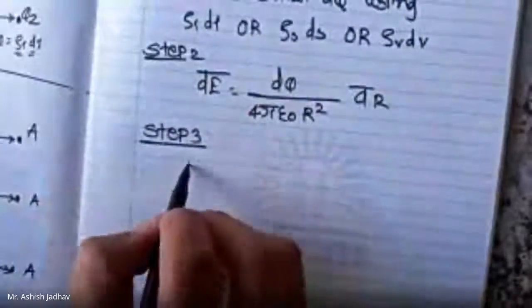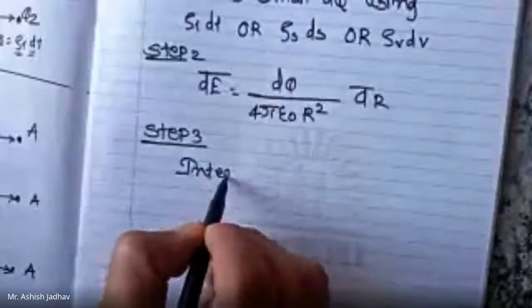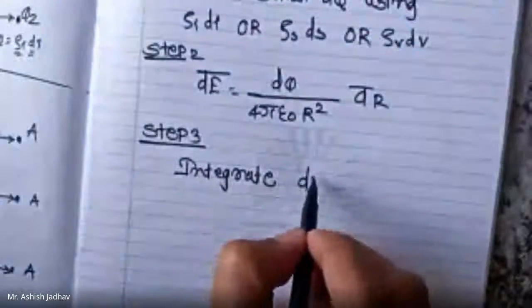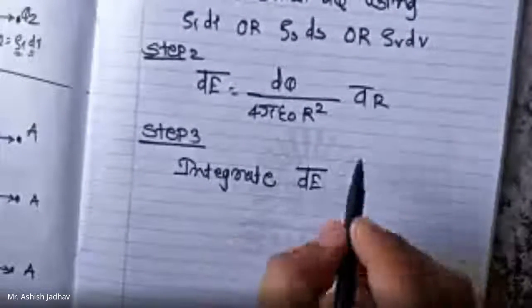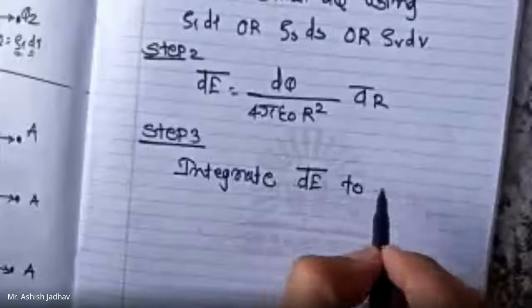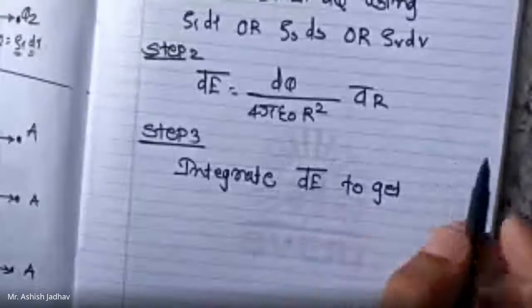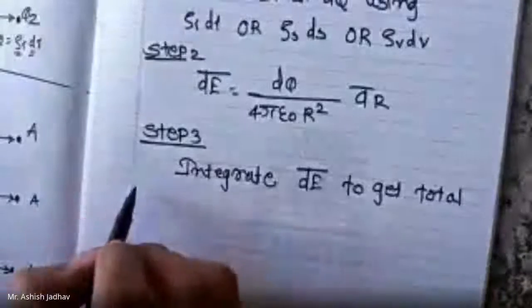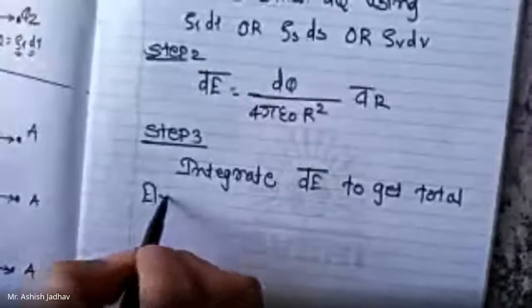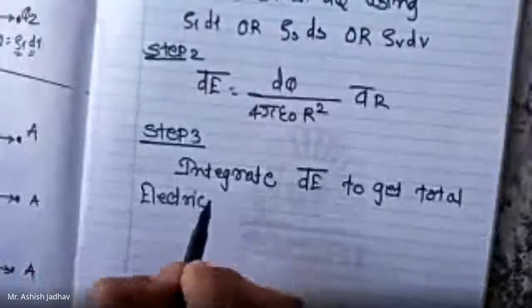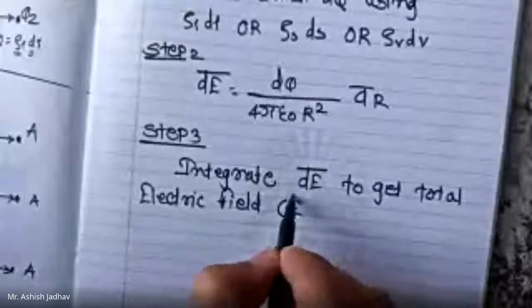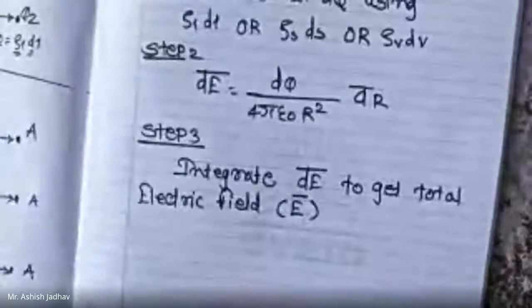Step 3 is integrate dE bar to get the total electric field E bar. Hope this makes sense.